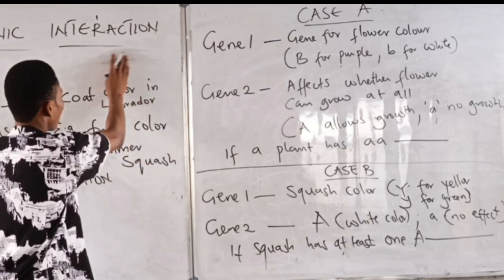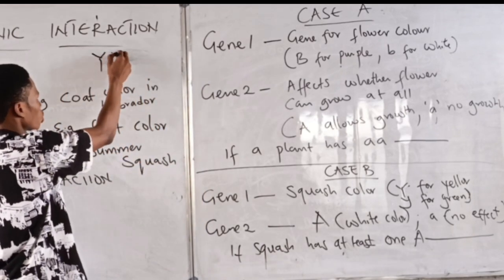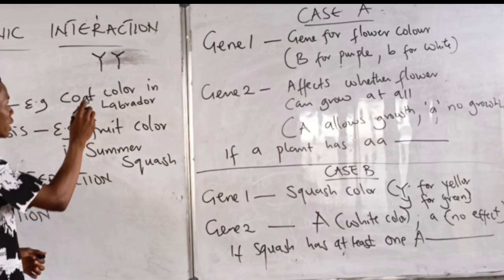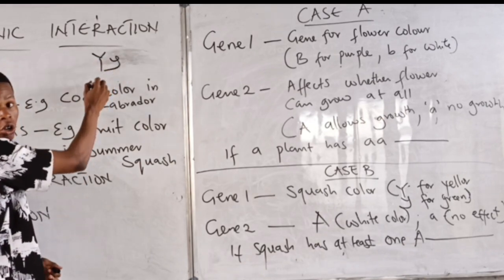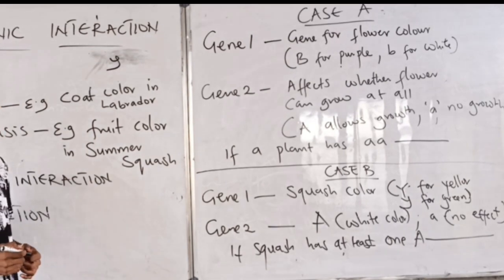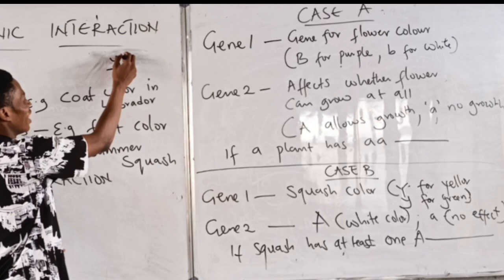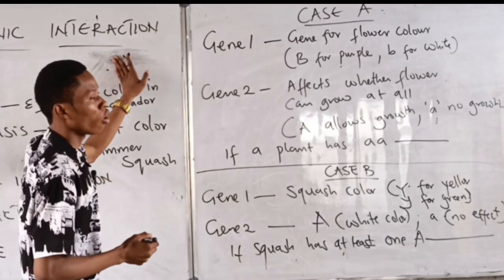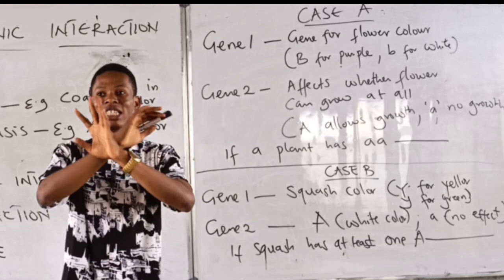If the plants have something like this, capital Y, what will be the color? Yellow, right? If it is like this, what will be the color? Green, right? Good.